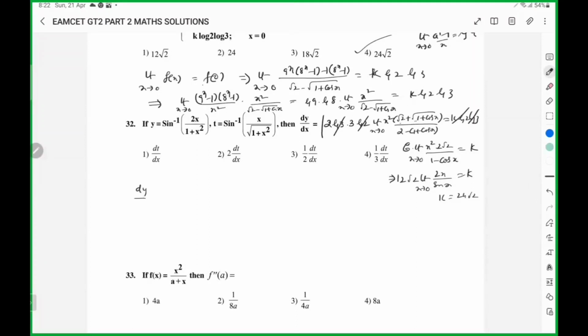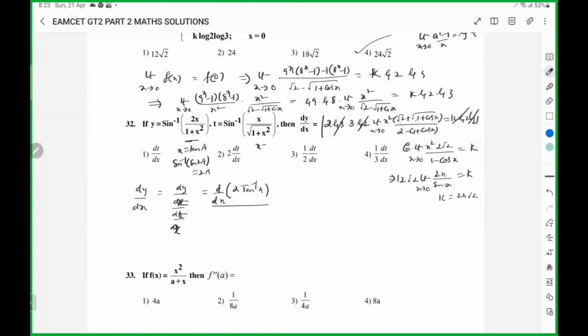Here dy by dx is dy by dt by dx by dt. In this case, put x as tan a. d by dx of sine inverse sine 2a is 2a. So it becomes 2 tan inverse x.